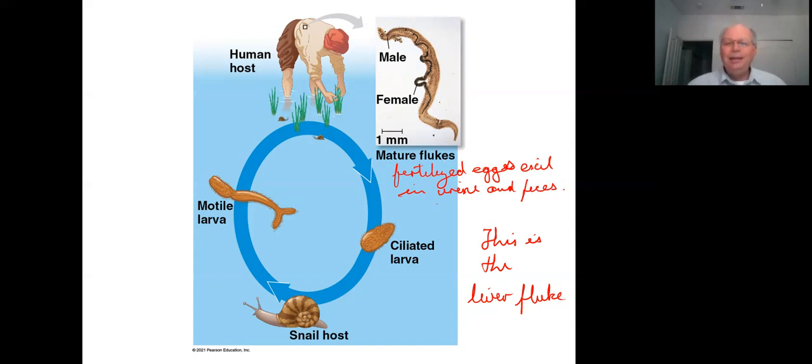If they land in a suitable environment, which typically means water, then the zygote begins dividing and develops into the ciliated larva.